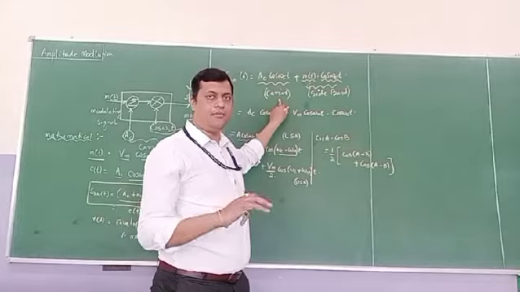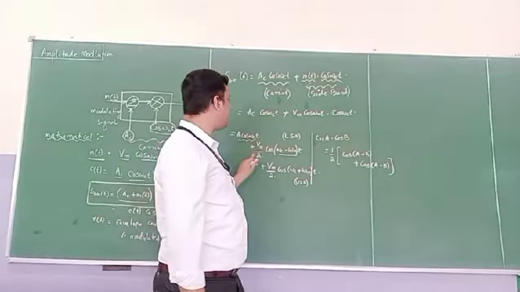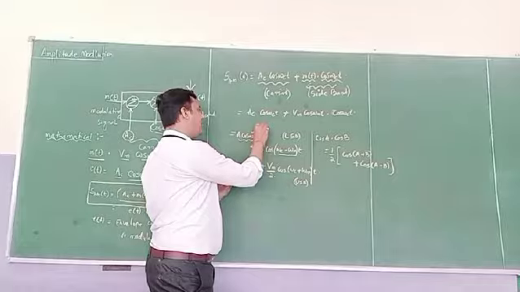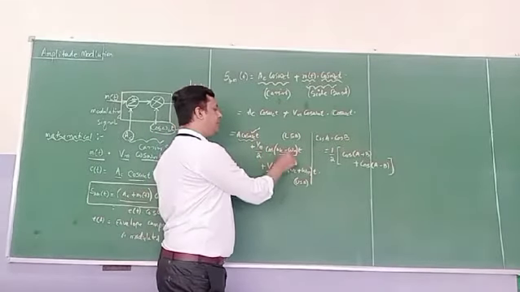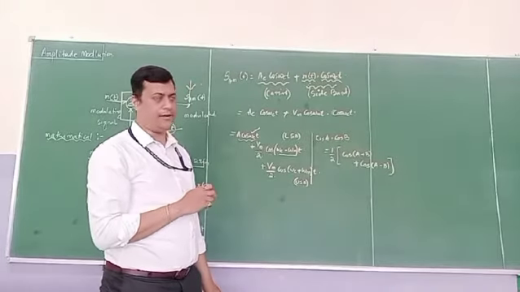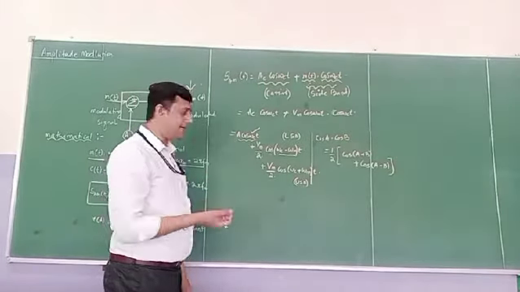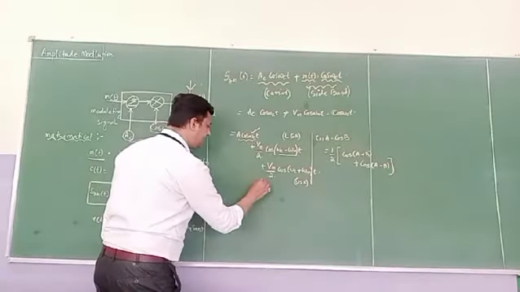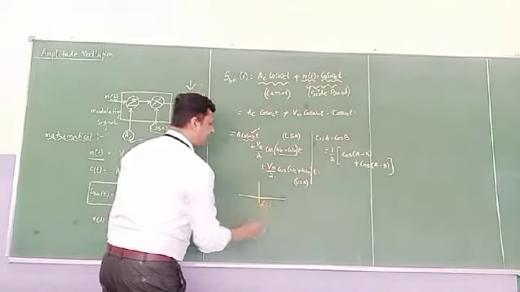Now in AM, there are two sidebands and one carrier component available. So this is my carrier frequency component, or carrier signal. These are my two sidebands, whose amplitude is V_m by 2. Now this particular relation itself indicates that if I want to represent this, your center frequency is f_c. Let us consider it like this.